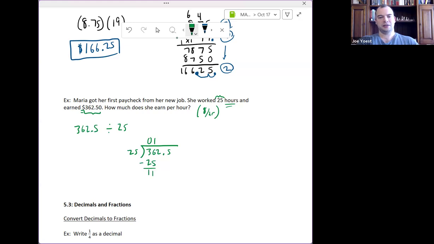Subtract that off and I get 36 minus 25 is 11. Bring down the 2. Does 25 go into 112? Yes, it does. 25 times 4 is 100. 25 times 5 is 125. That's too much. It just goes in 4 times. 4 times 25, 100. 112 minus 100 is 12.